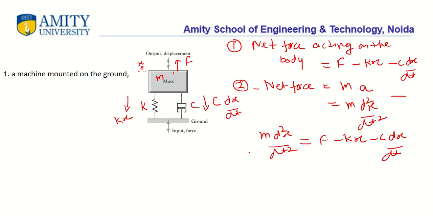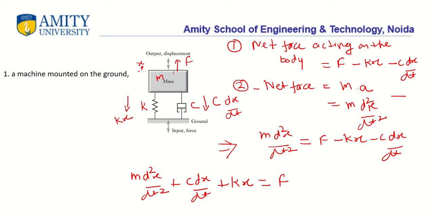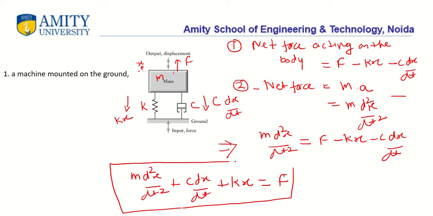On rearranging this, we can get m d2x by dt square plus c dx by dt plus kx is equal to F. Here we have received a second order standard equation, as its highest order is 2.